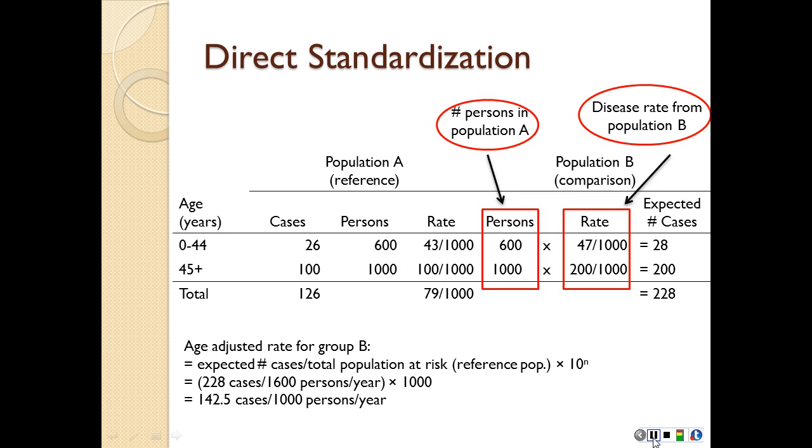The crude rate for population A is still 79 per 1,000 per year. But now that we've adjusted B, we see that if population B looked exactly like population A with the age distribution, we would expect to see 228 cases per 1,000 people per year. Right? That's a lot more. So now that we have made population B look like population A, we can confidently say that, yeah, population B is probably a lot sicker.